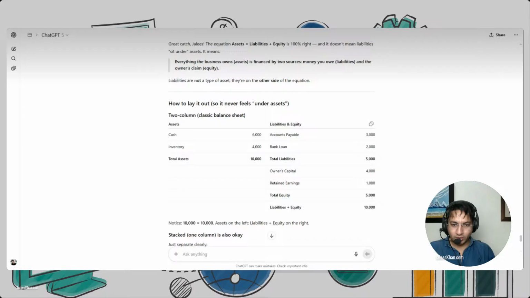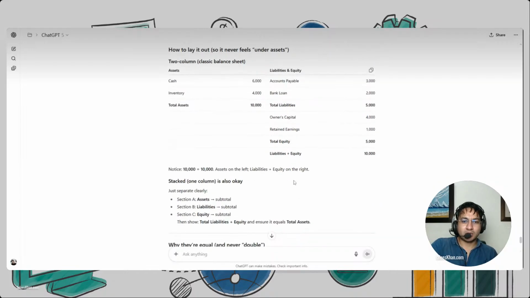So now here we are telling who owns which thing. Notice $10,000 and $10,000: assets on the left, liabilities and equity on the right.